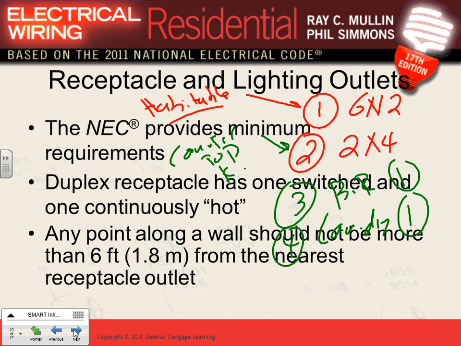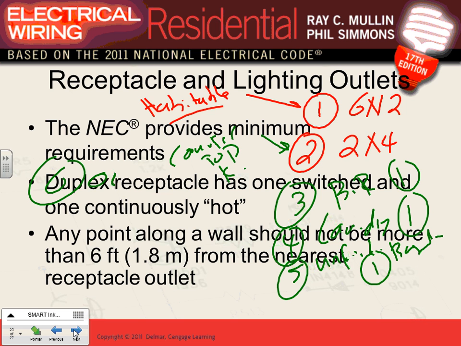Rule number 5: unfinished basement, one receptacle. Rule 6: outdoor, you need 2 receptacles, one in the front of the house and one on the back of the house.